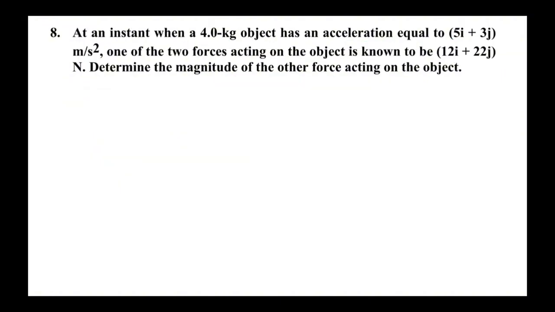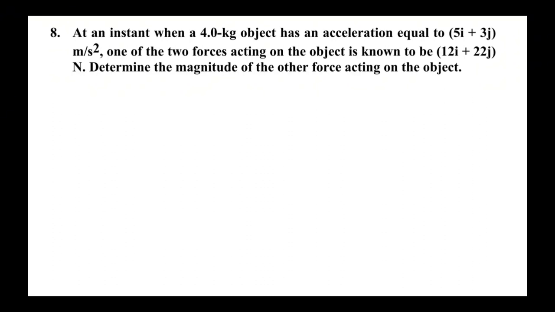At an instant when a 4 kilogram object has an acceleration equal to 5i plus 3j meter per second square. One of the two forces acting on the object is known to be 12i plus 22j in newtons. What is the magnitude of the other force acting on the object?